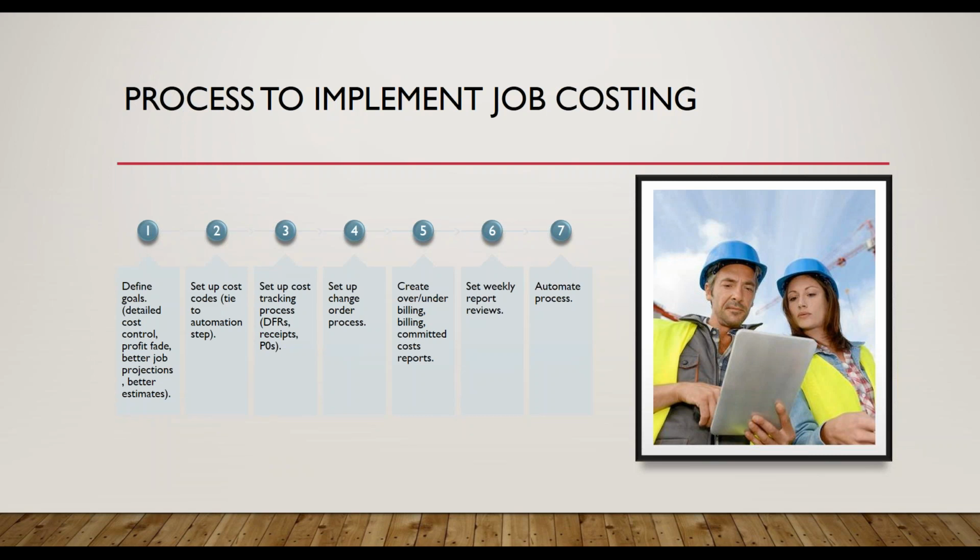And so some questions to ask, or some topics to keep in mind, is what level of detail are you willing to pay for? The more detail you want, the more codes, and the more you define and track the costs, the more time and work, and additional costs, to get this information.